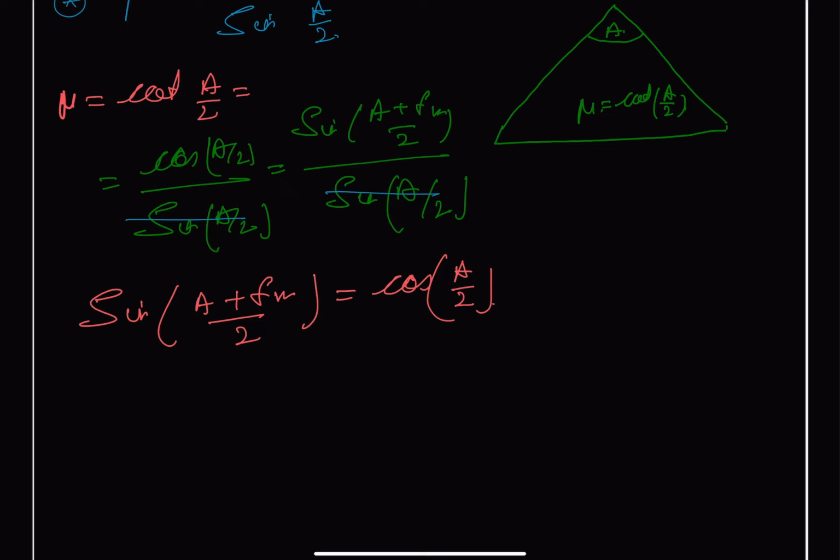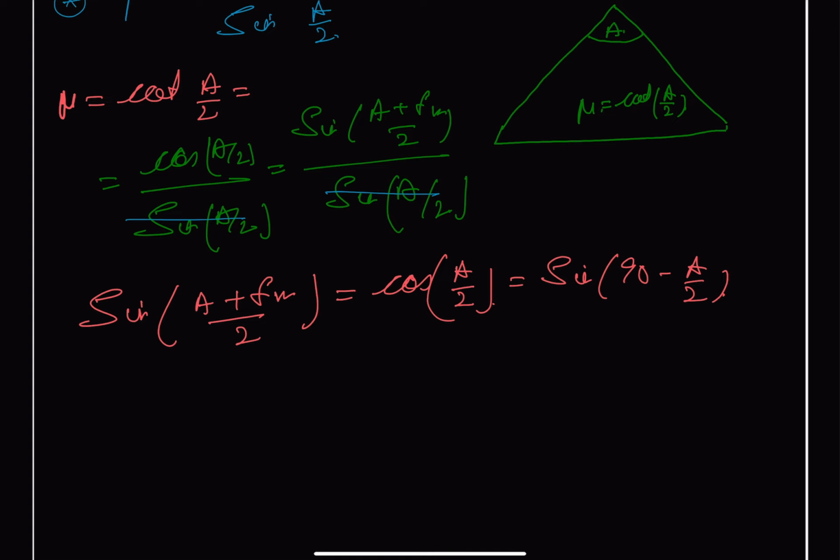And we can write this cos of A by 2 as sine of (90 minus A by 2).